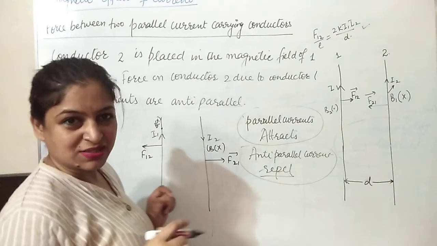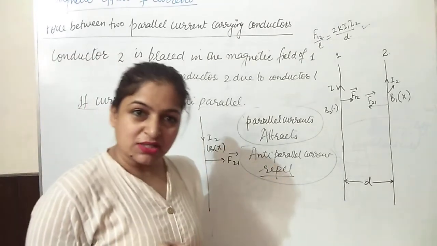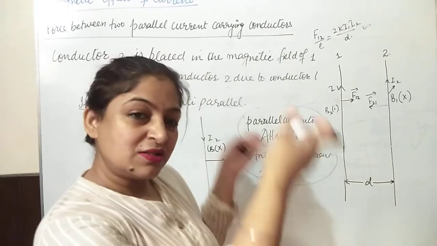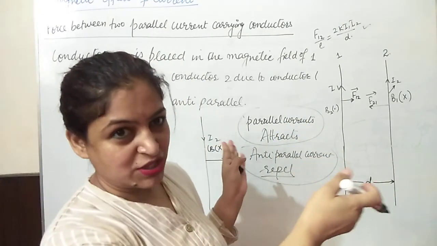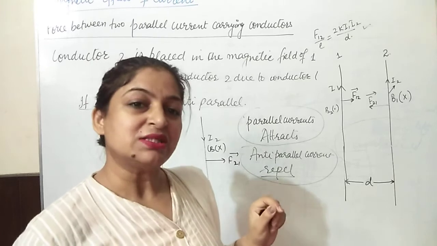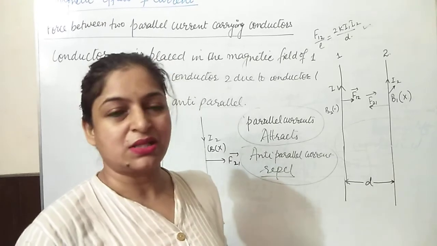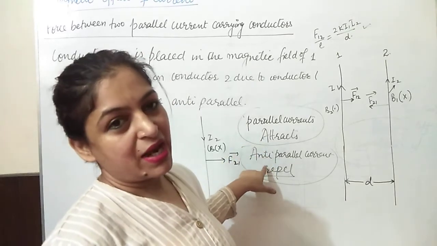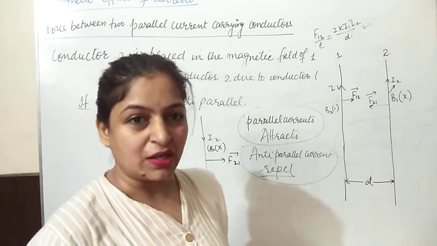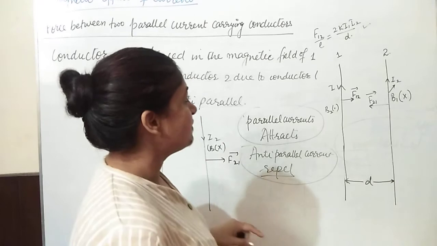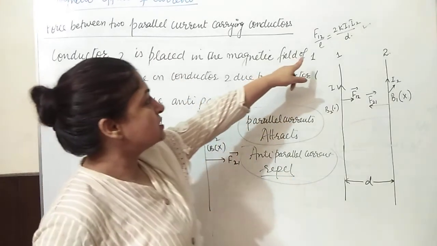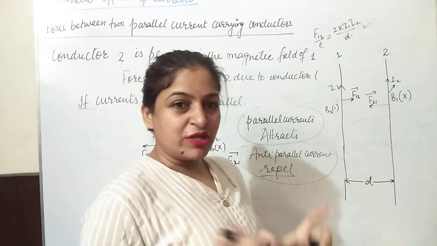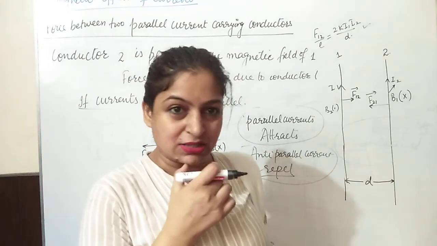In case of charges, like charges repel each other and unlike charges attract each other, but parallel currents attract each other, and anti-parallel currents repel each other. So the derivation we have done here gives the expression of the force per unit length between the two current carrying conductors.